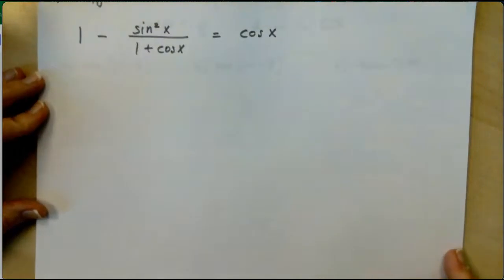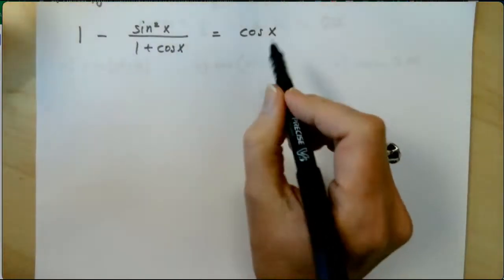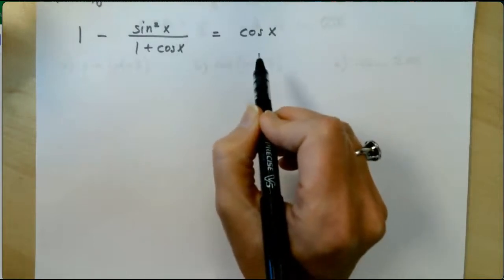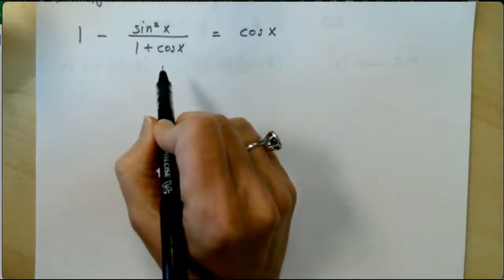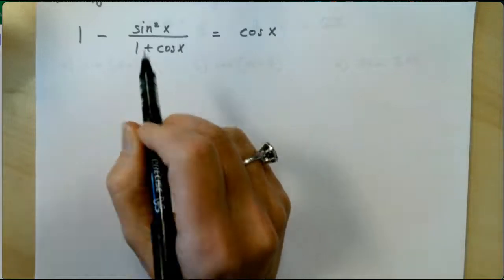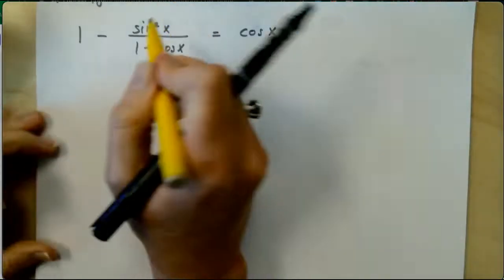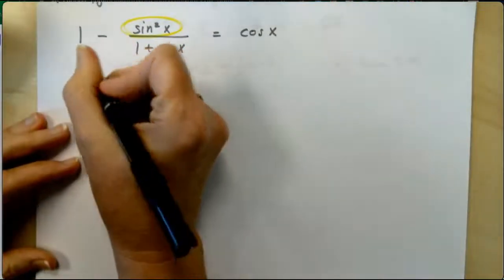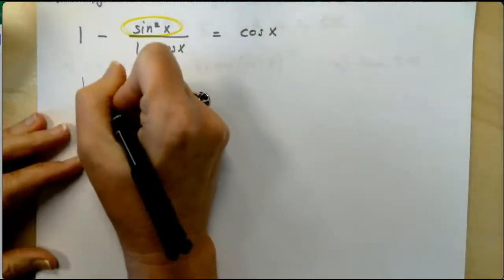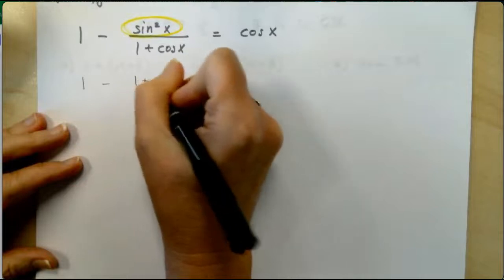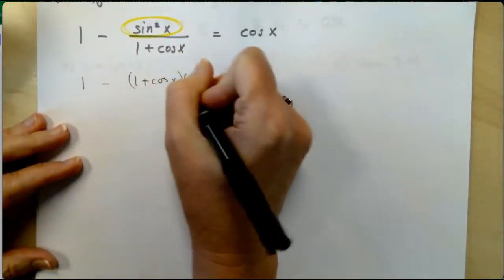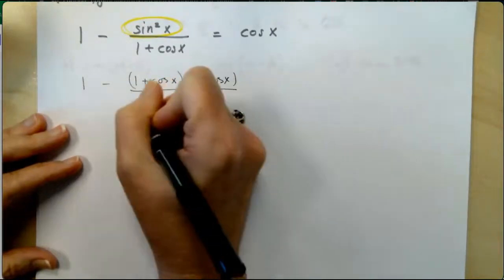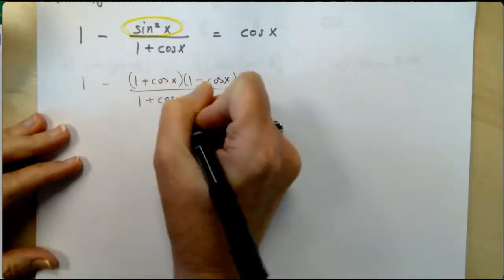Another one to verify here, and obviously don't touch the right-hand side. So let's work on the left-hand side, and the first thing I see is that I can make a substitution right there and get something to cancel. 1 minus 1 plus cosine over 1 minus cosine all over 1 plus cosine.